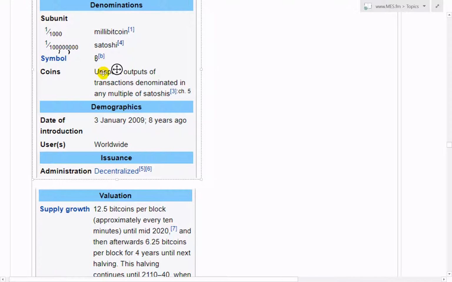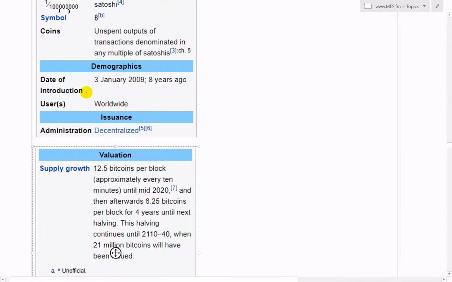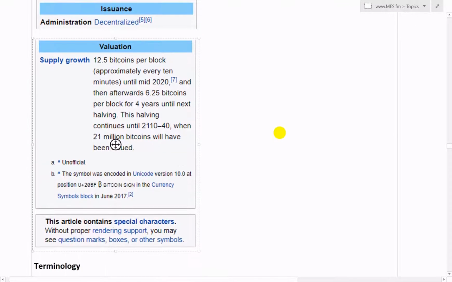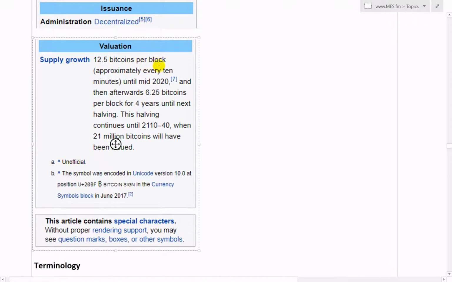And this is unspent outputs of transactions denominated in any multiple of Satoshis, and this was the date of introduction, January 3rd, 2009, 8 years ago. Worldwide use, decentralized, and the interesting part here, the supply growth is 12.5 Bitcoins per block, approximately every 10 minutes until 2020.